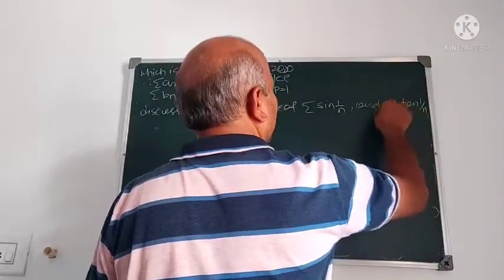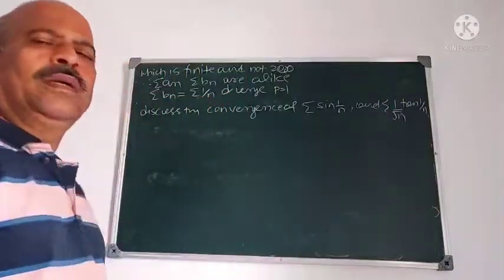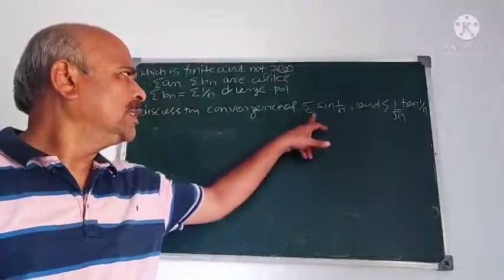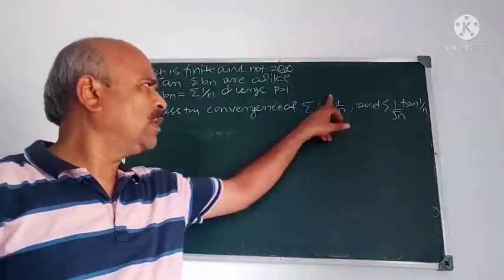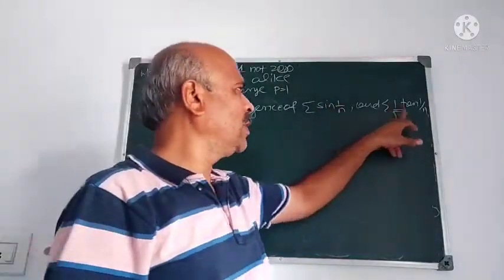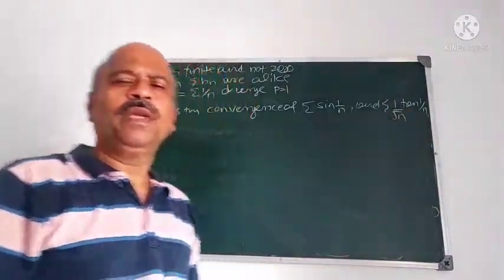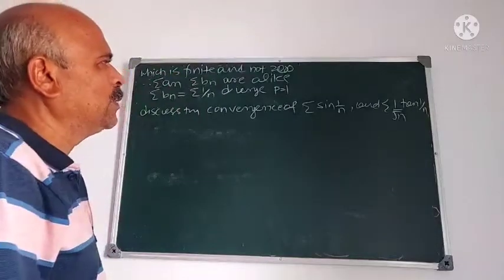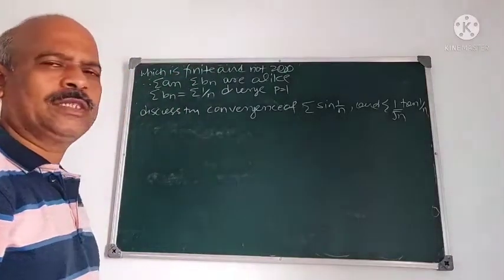Two problems. These two problems are of one type. Discuss the convergence of sigma sin 1 upon n, and the second problem is 1 upon root n tan 1 upon n. In this case, we use the expansion of sin x and tan x first.